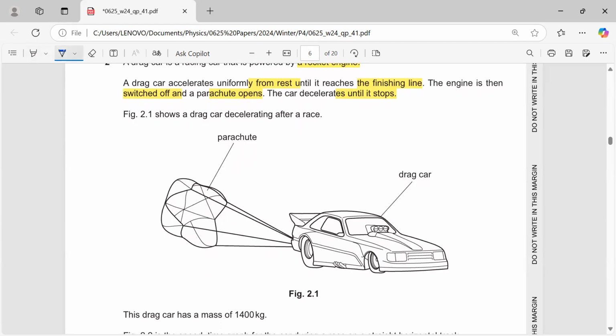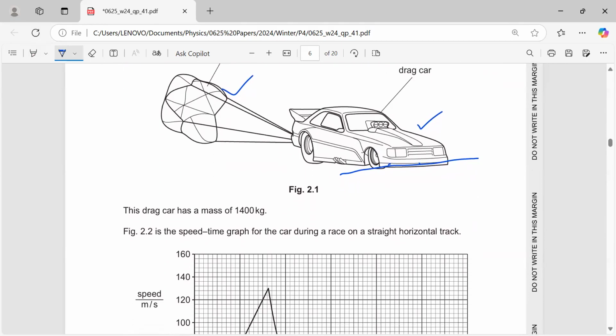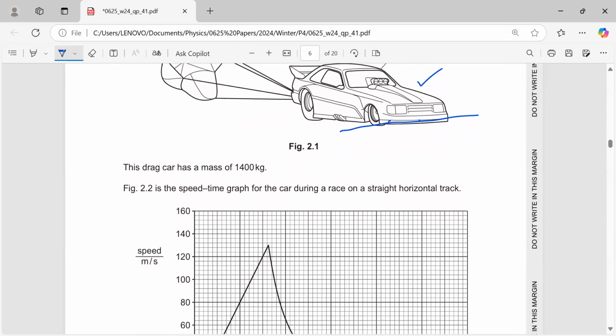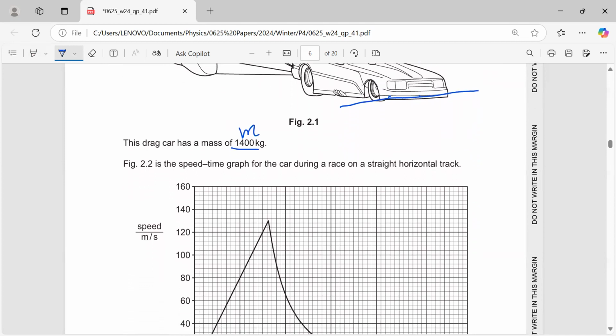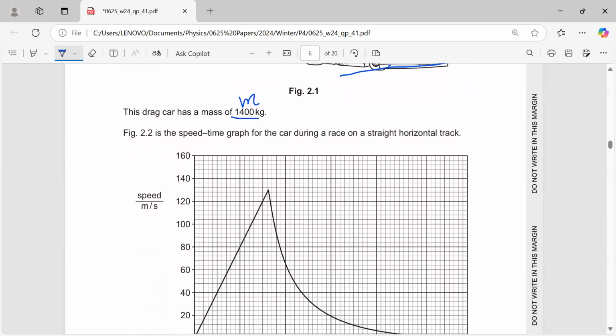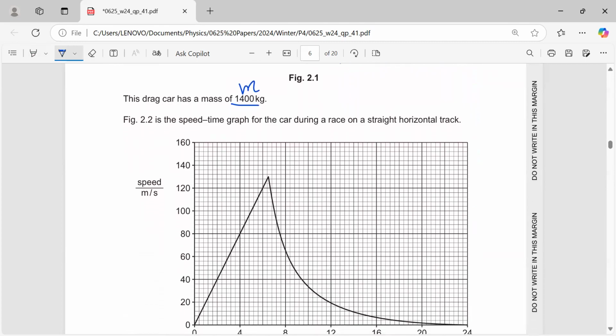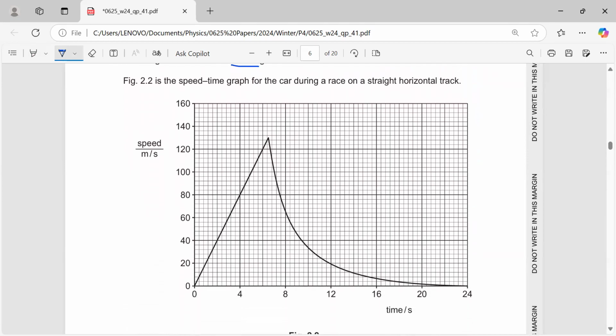Let's suppose this is the finishing line, and near it they will switch off the engine of the car, and they will open the parachute, and now it will start decelerating. They are saying that the mass of the car is 1400 kilograms, and the speed time graph is also given to us. This is during a race on a straight horizontal track. You will see that its graph is between speed and time.